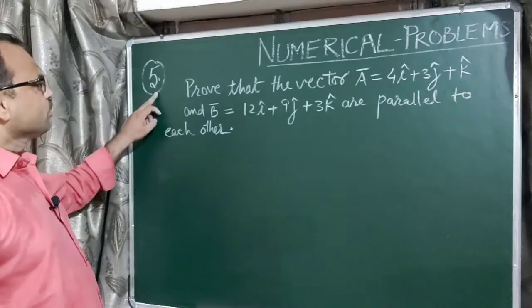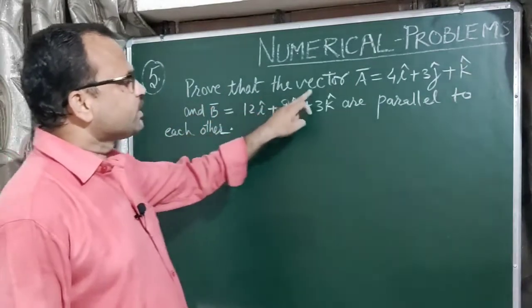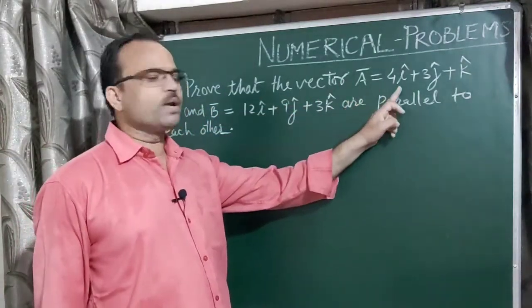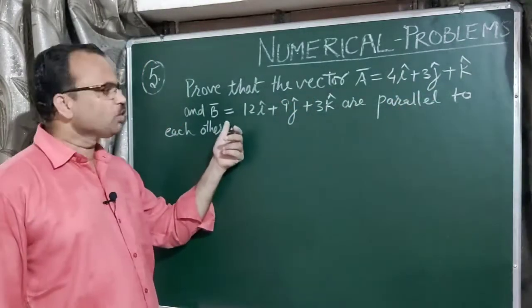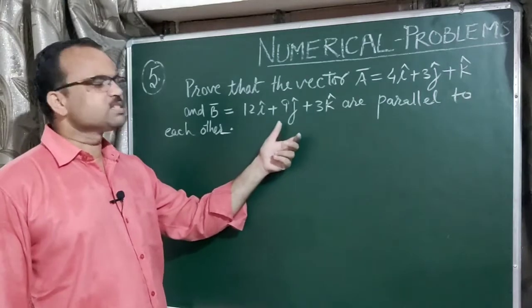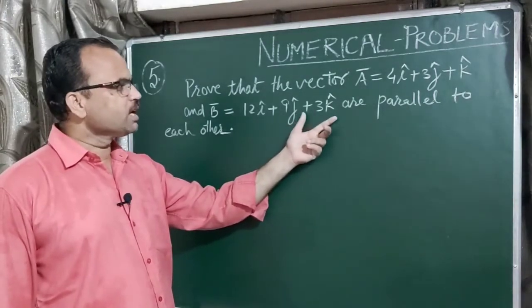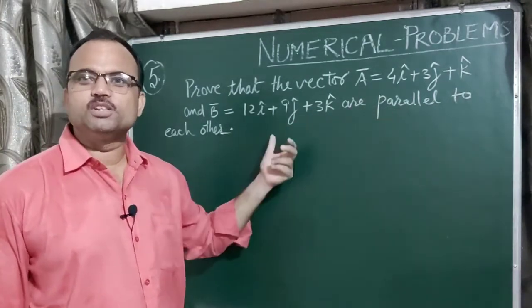Now see question number 5. Prove that the vectors A equal to 4i cap plus 3j cap plus k cap and B equal to 12i cap plus 9j cap plus 3k cap are parallel to each other.